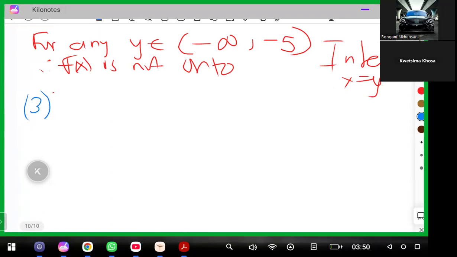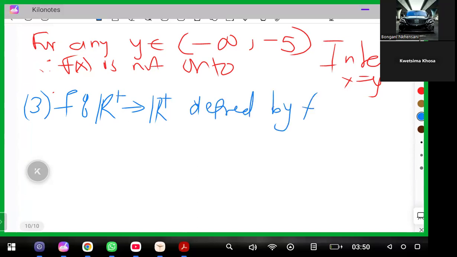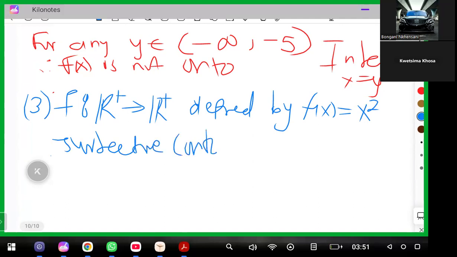So let's say you were given that f maps from the codomain R to the codomain positive R, defined by f of x being equal to x squared. So this one, we'll first check for surjective, which is the onto.